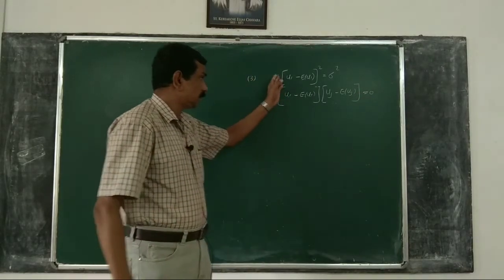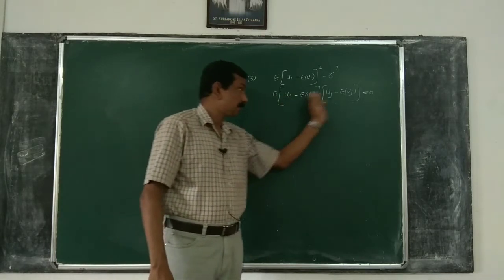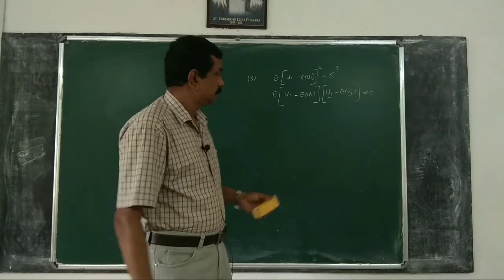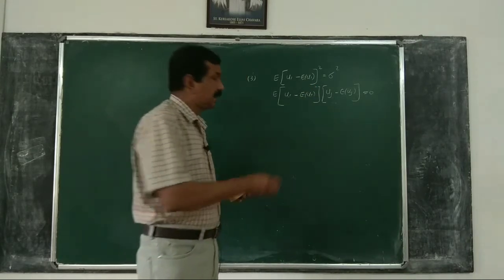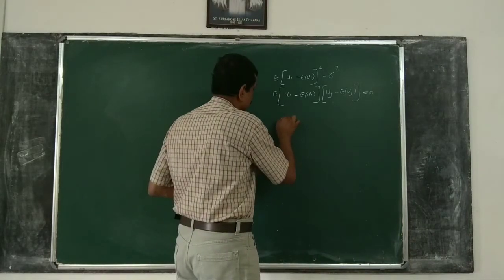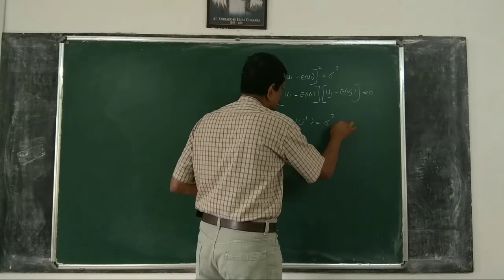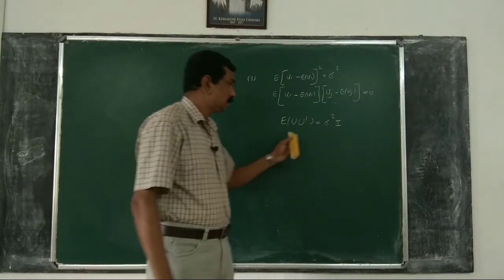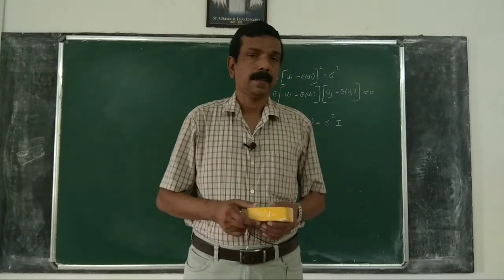This is the assumption of homoscedasticity, and this is the assumption of no autocorrelation. In matrix terms, we write these two assumptions as expected u u transpose is equal to sigma square I.